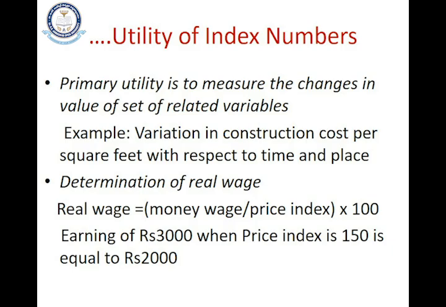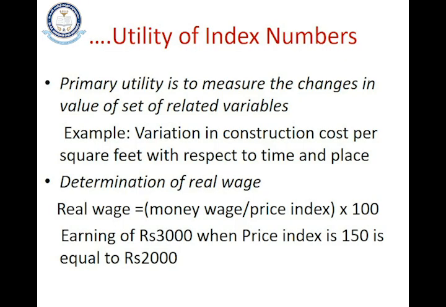All these examples relate to a specific aspect: a single item, gold price or gold index, or a set of items, the cost of living index, construction cost and all. Then another important utility of the index number is the determination of real wage.